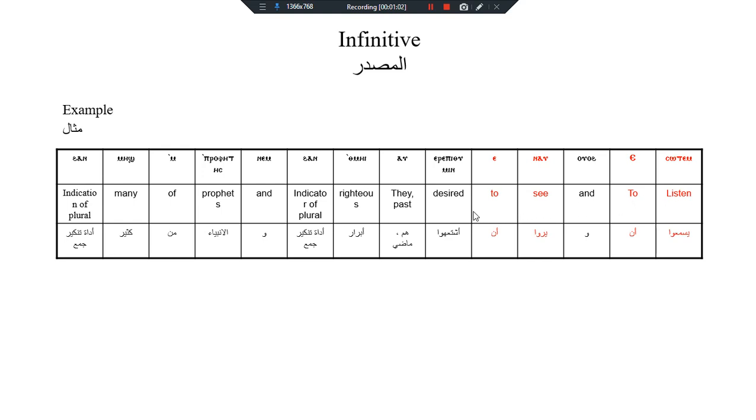Here we wanted to make the infinitive, so wanted to say to see. We said enav, after a conjugated verb, they desired av simin. It means they desired, and want to say to listen: esotem, to listen.